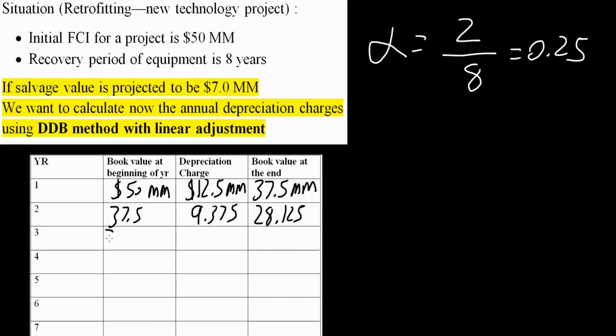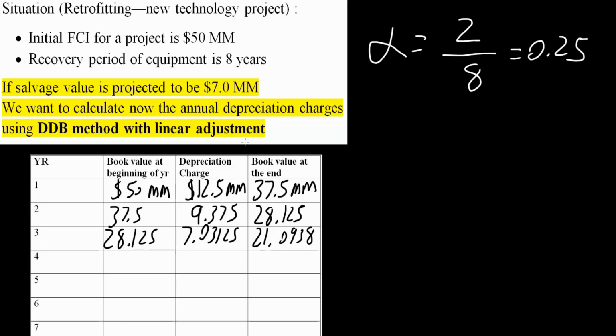Likewise, carried over, 28.125 times 0.25, and we would get 7.03125. Subtract it, and we would get 21.0938. So I would say right now you should pause the video and fill out the rest of the table.